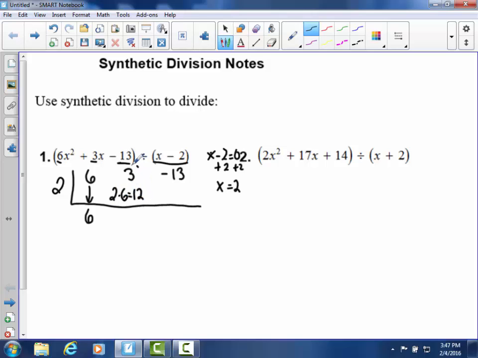Then you add these two numbers, so 3 plus 12 is 15. Then you multiply again, so 2 times 15, which is 30. You add these two numbers together, so negative 13 plus 30 is positive 17.